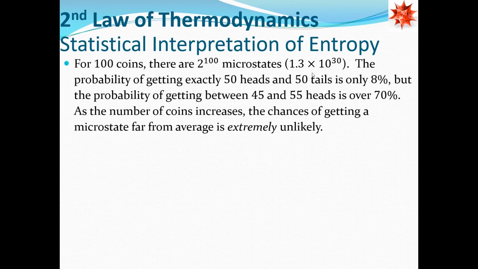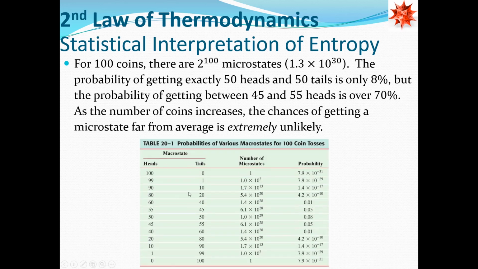So here's just another example. Again, if I told you that I gained 50 heads and 50 tails, and then asked you to guess which ones were tails, there are this number of microstates. So the possibility of you actually guessing the correct state would be 1 out of this number, which is an extremely small chance. So I just wanted to point that out.